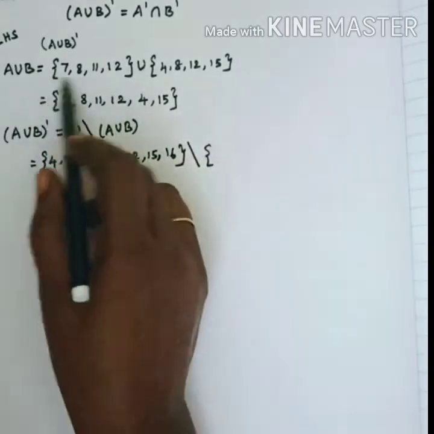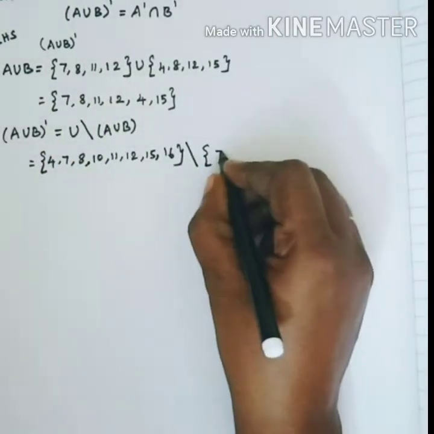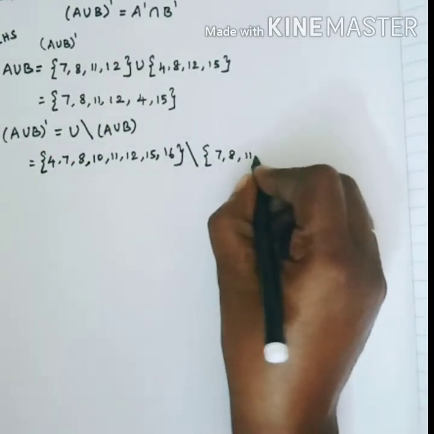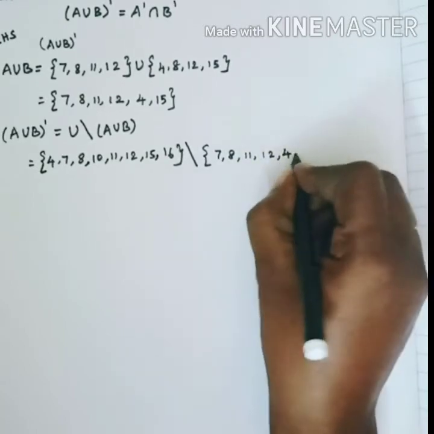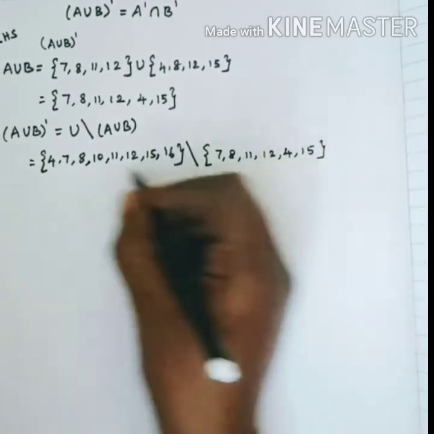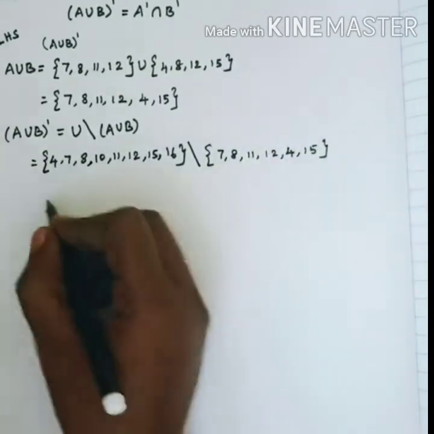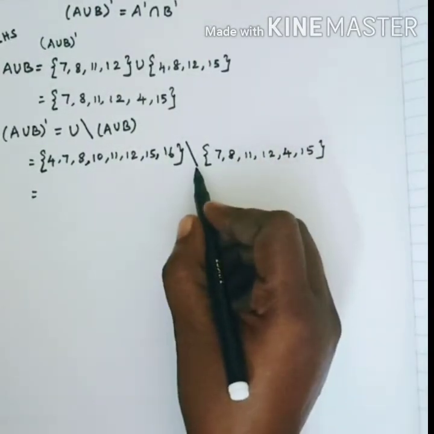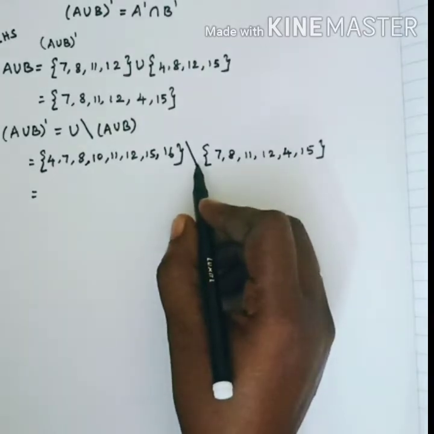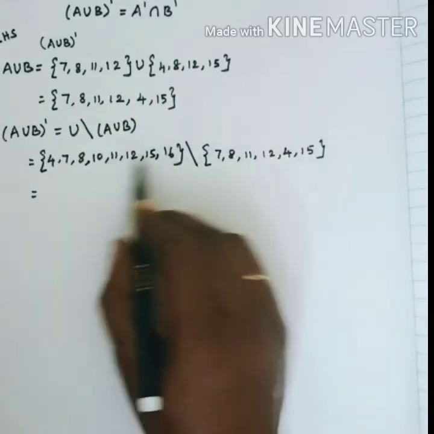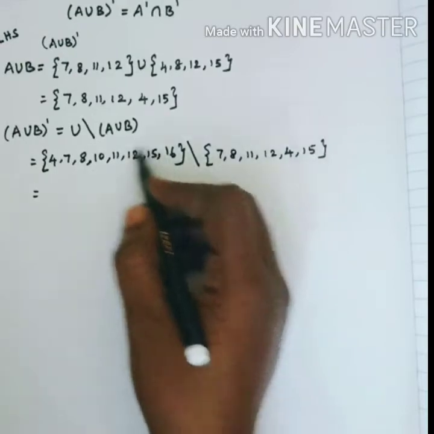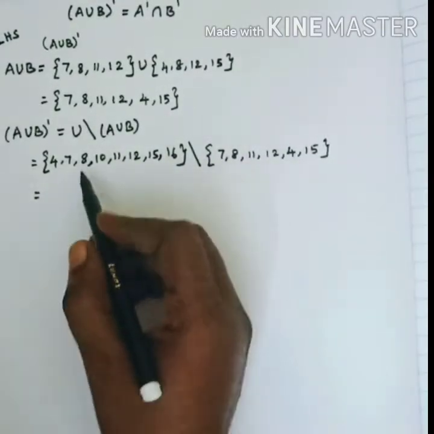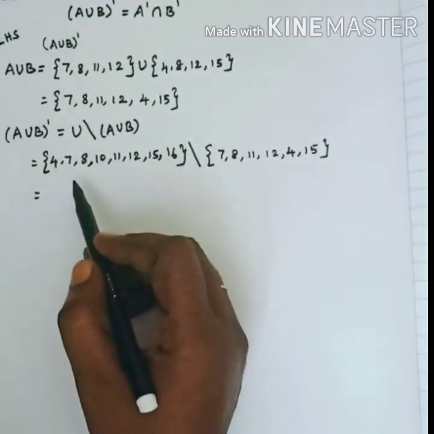What are the elements of A union B? 7, 8, 11, 12, 4, 15. These are the elements of A union B. Now, the slash symbol is there, so you have to identify the common elements in both sets and eliminate those elements in the first set.